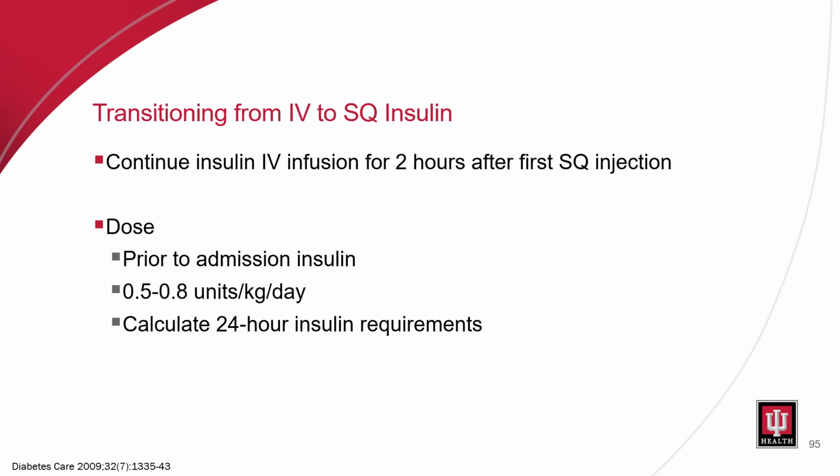So I look back at the last 6 hours where they should be on a relatively stable rate, and I calculate how much insulin that they received in those last 6 hours, and then I will multiply that by 4 to get 24 total hours for their total daily insulin dose that they required within the last 24 hours. In order to be more conservative, I often multiply that by 0.8 or just take 80% of the dose and then split it into basal and bolus dosing.